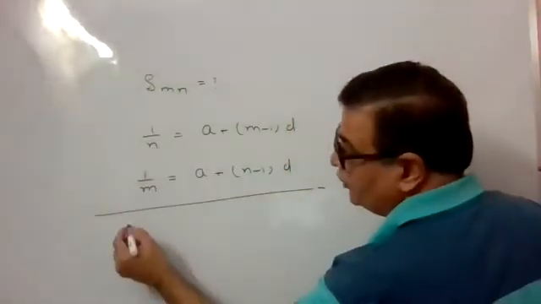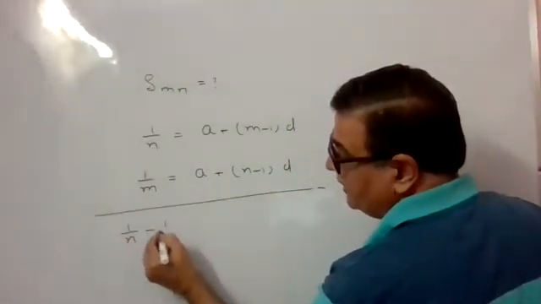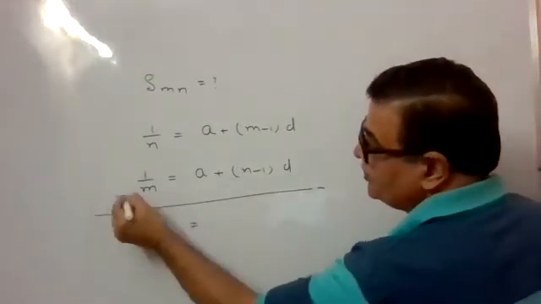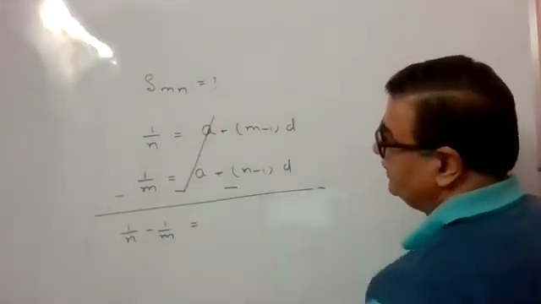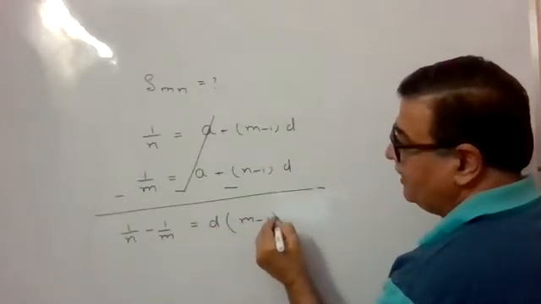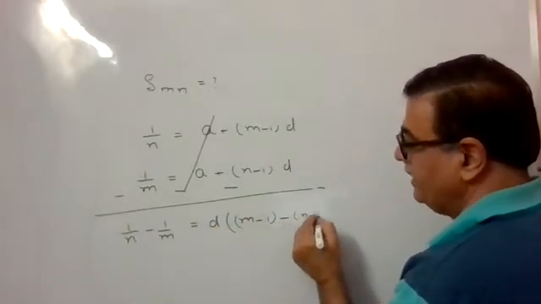To get this, what I do here, 1 by n minus 1 by m is equal to, because you are subtracting it, so A gets cancelled out. Now what is left? D is common in the two. I got m minus 1 minus n minus 1.